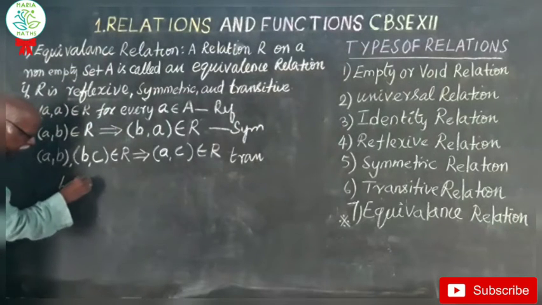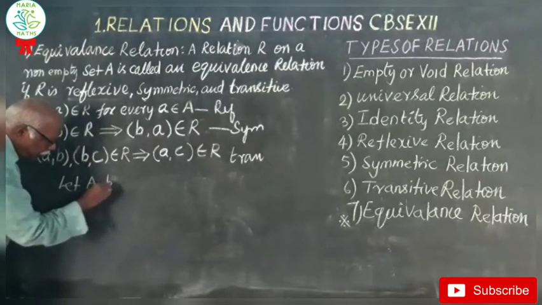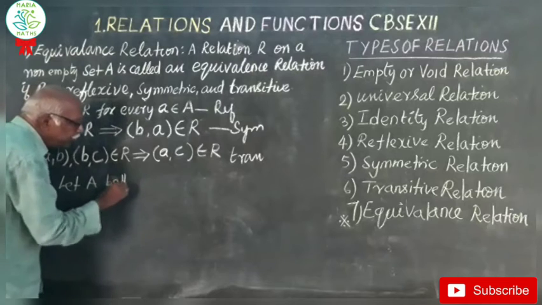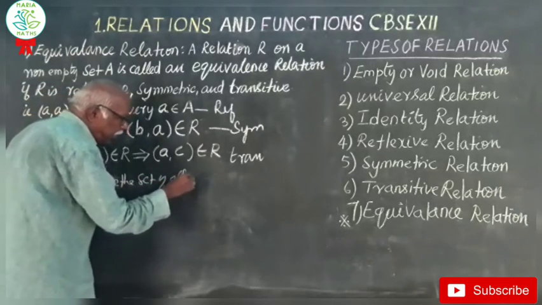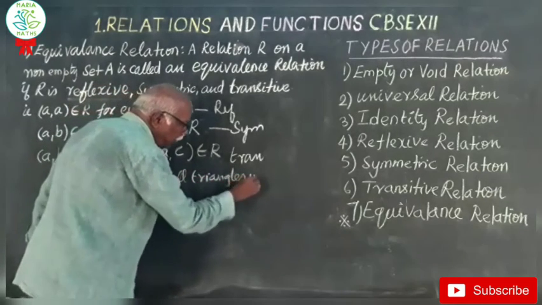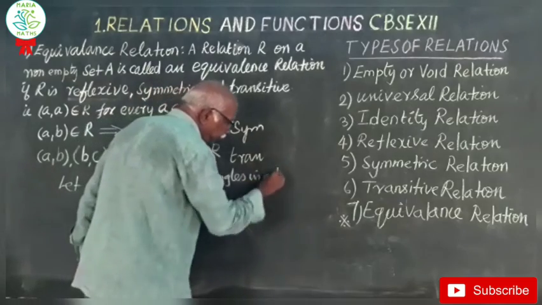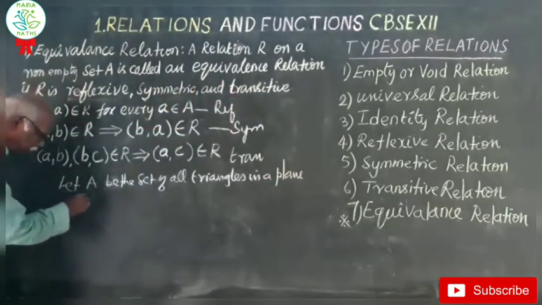Let A be the set of all triangles in a plane. Set of all triangles in a plane.